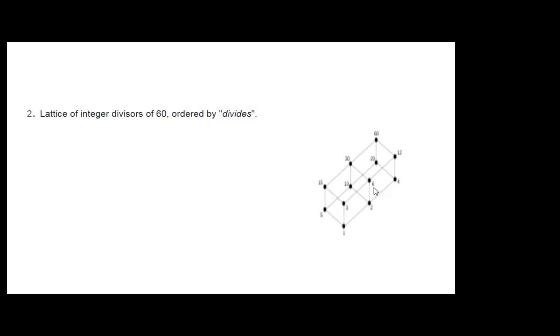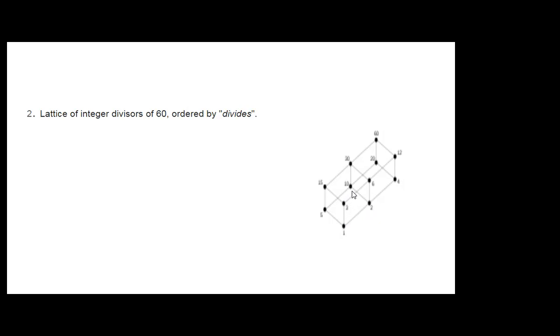Let's see 6 here. It will be 3 then. 2, 3 will be there. Now, which are the items which divide 60? 4 is there, 5 is there, 6 is there. Then 7 will not be there. 8 also will not be there. 9 also not. 10 will be taken, okay?